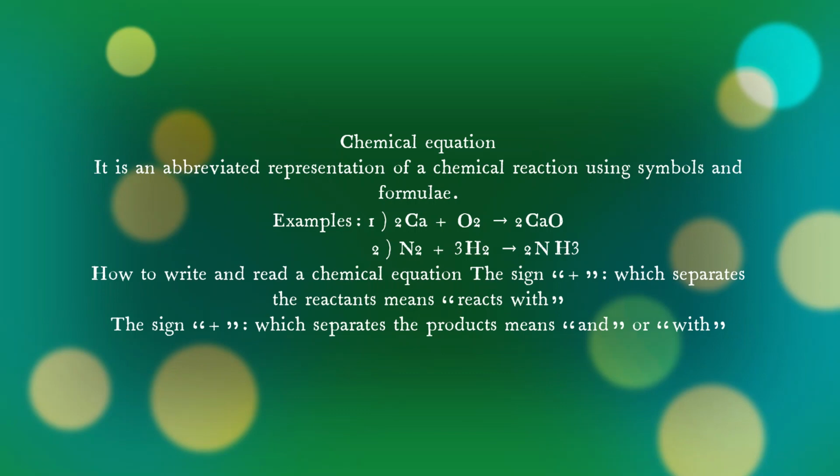Using state symbols, it means in a chemical reaction you have to know the state of the substances. It is better to indicate through the equation the state of matter in which substances are present. If the substance is a gas, you have to write gas. If the substance is a liquid, you have to write liquid, and so on.